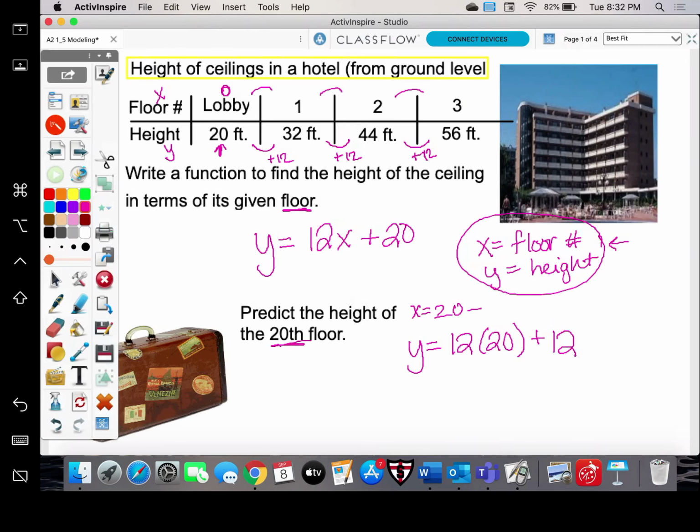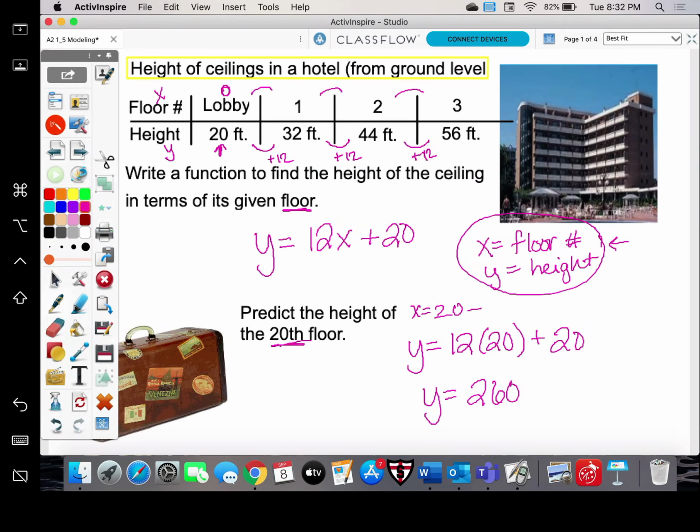So we take our calculators, 12 times 20, oops, and then we're going to add 20, not 12. And I think, if I did that correctly, I get 260.